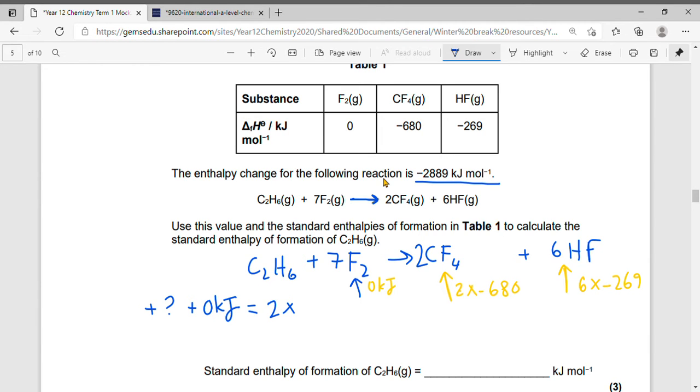So 2 times negative 680 is negative 1360, and 6 times negative 269 is, 4 here, 4.